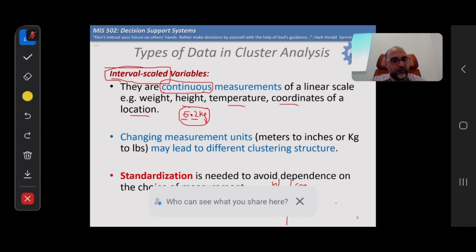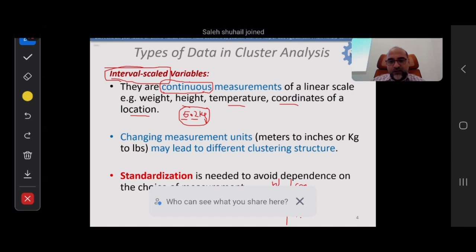Feet to centimeters. I wanted to show you something. Okay, so 6 feet is 182. So you're talking about 182, 180, 175.